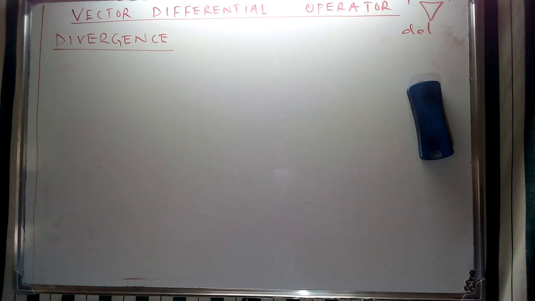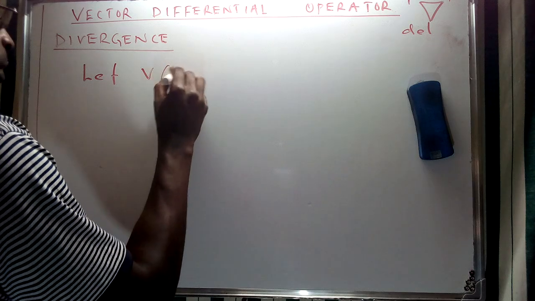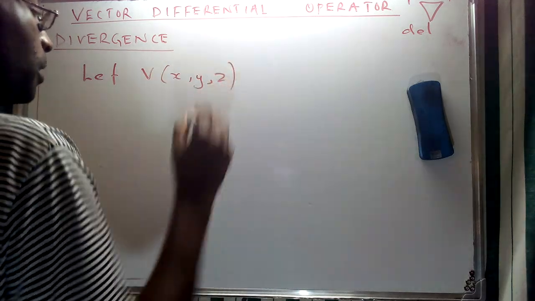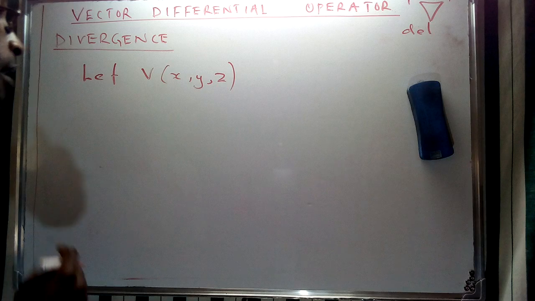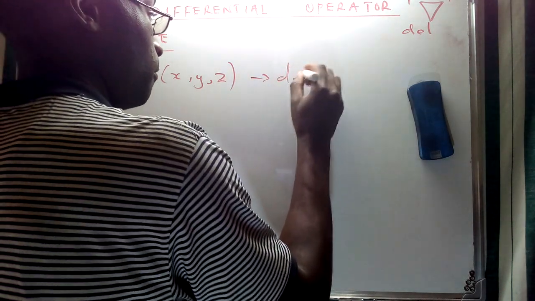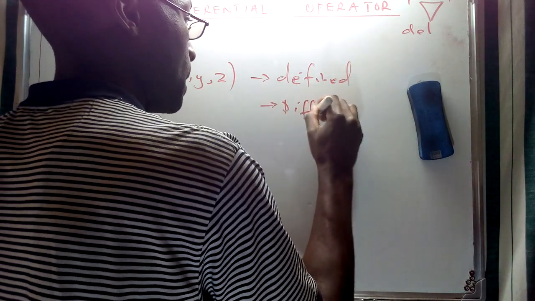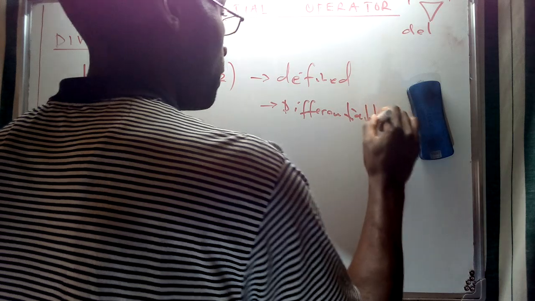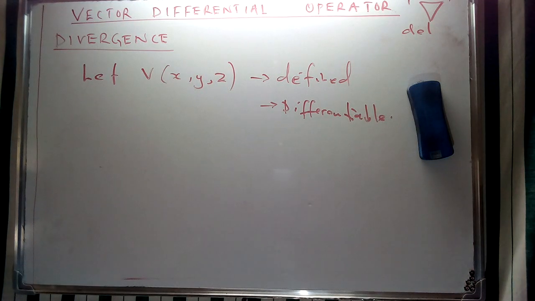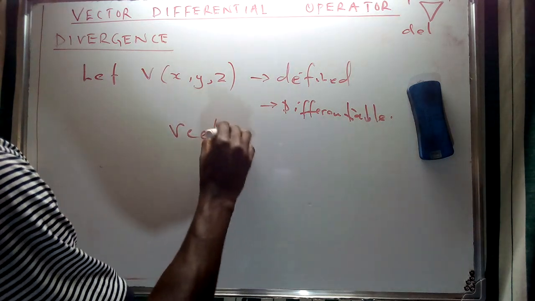We are going to have this function v represented as x, y, and z, which is a point in space, defined and differentiable, which makes a vector field.